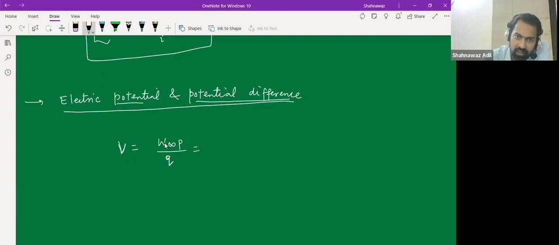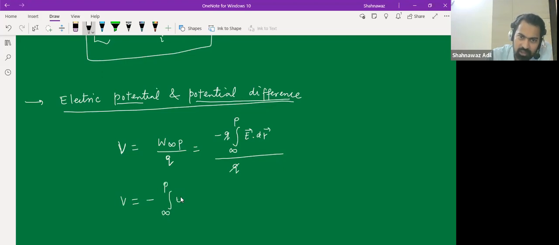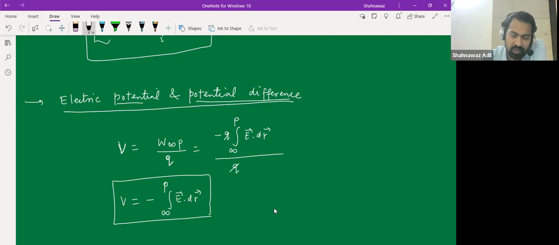If I write W from infinity to point P, this would be minus Q integral of E dot dr from infinity to point P. And then this Q gets cancelled, and we have electric potential, which is minus the integral from infinity to point P of E dot dr. So this is my electric potential.